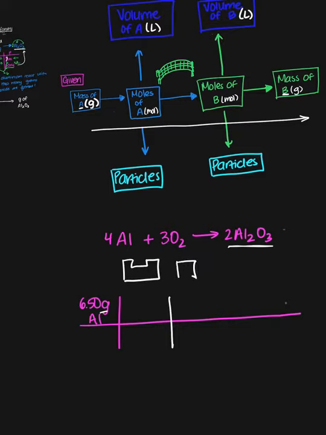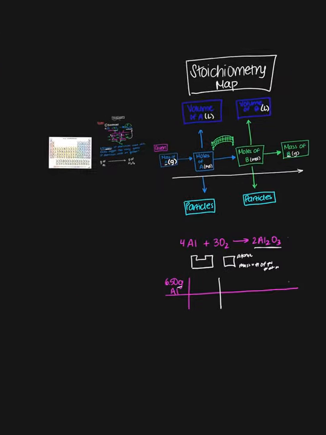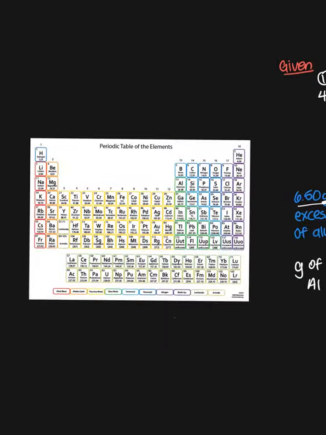Whenever you look at an element, it lists its atomic number and its mass. The mass is the number of protons plus the number of neutrons, and the atomic number is the number of protons. Looking at aluminum, Al says 13 and 26.98. This is going to be our mass.